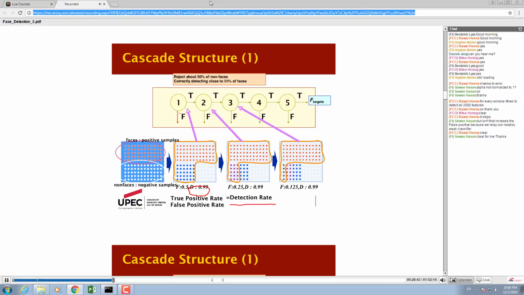We use this term as well: how many phases can be detected. In stage 1, for example, we set the target detection rate to 99%. It is a very high number, but it cannot be 100%, because in reality we have to allow some error.